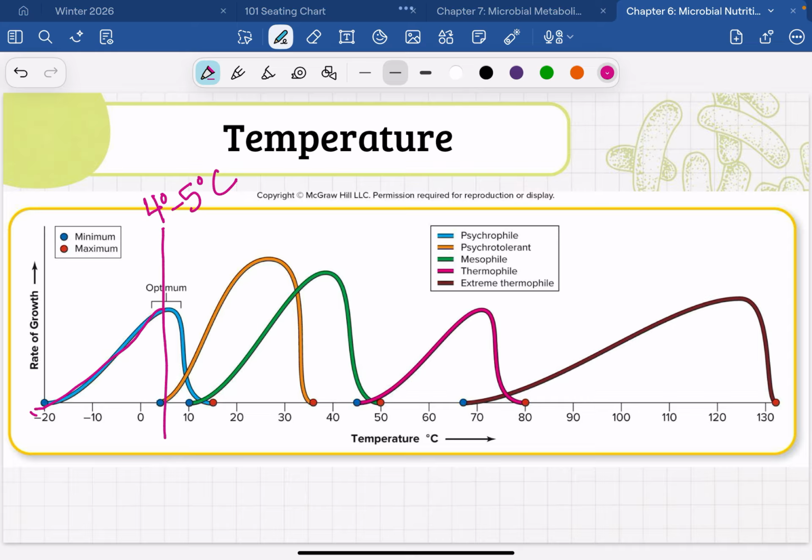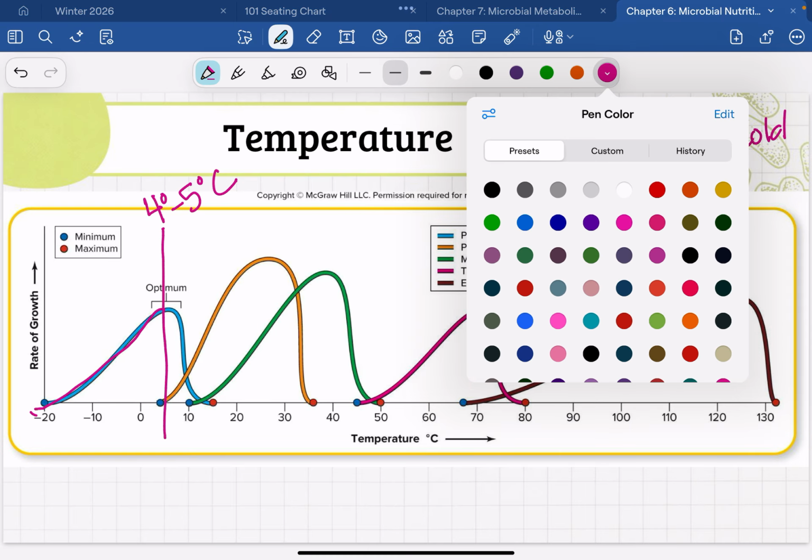They can grow in those extremely cold environments. So we call psychrophiles like the cold to extreme cold. Again, for most of the organisms in this group, the average optimum temperature is about 5 degrees Celsius, which is about refrigerator temperature. But they can grow much colder than that.